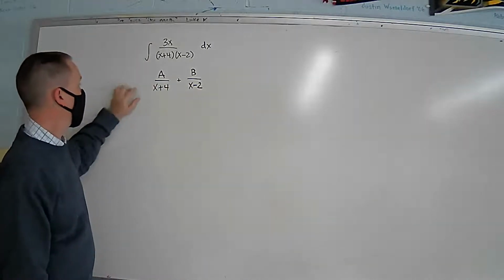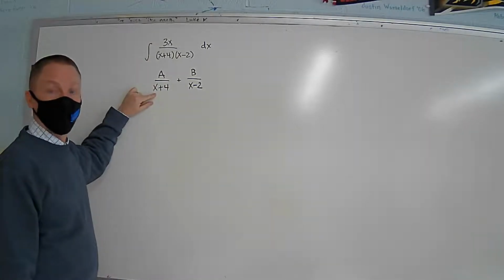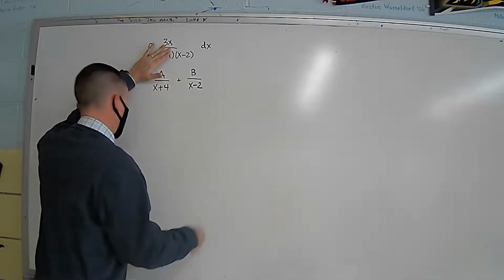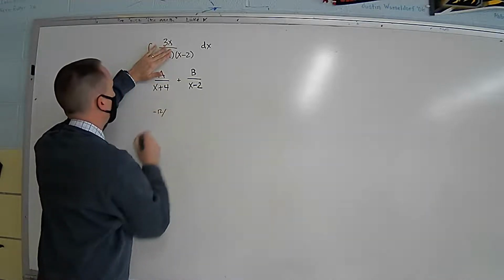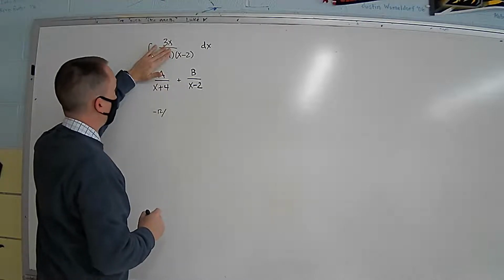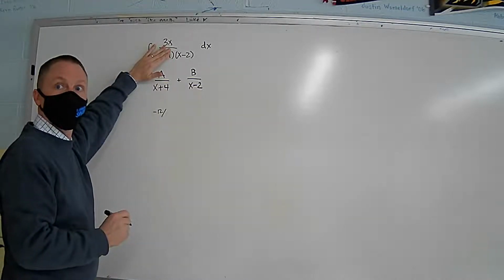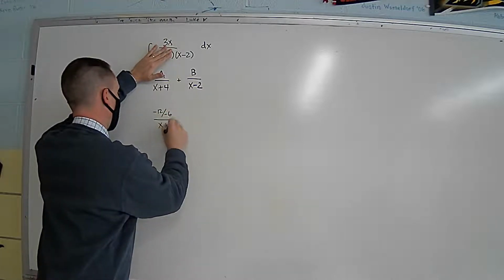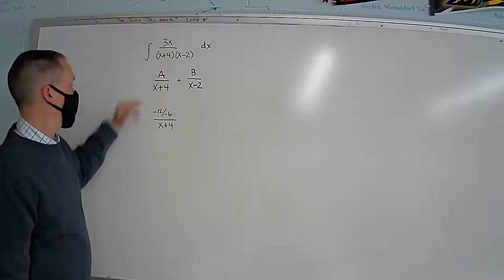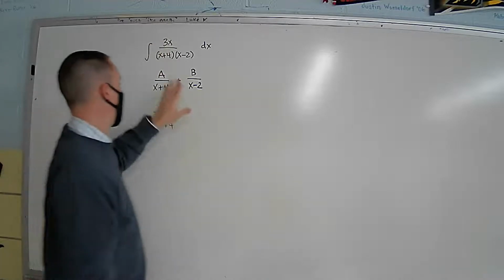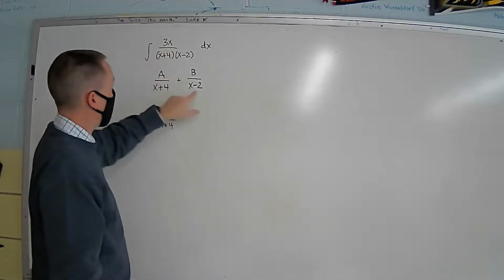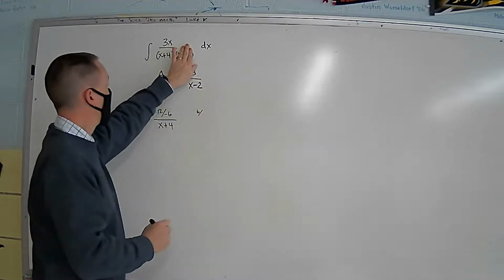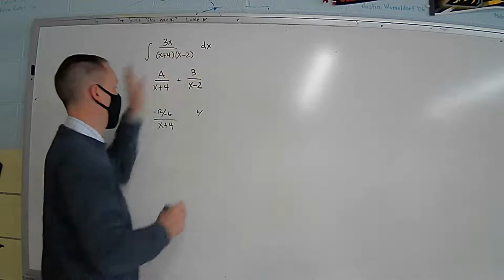So let's figure out what A is. Negative 4 makes that 0, right? So I cover this up and I say 3 times negative 4 is negative 12, over negative 4 minus 2 is negative 6. So that's A, which ends up being 2. Now B: 2 makes that 0, so 3 times 2 is 6, over 2 plus 4 is 6.